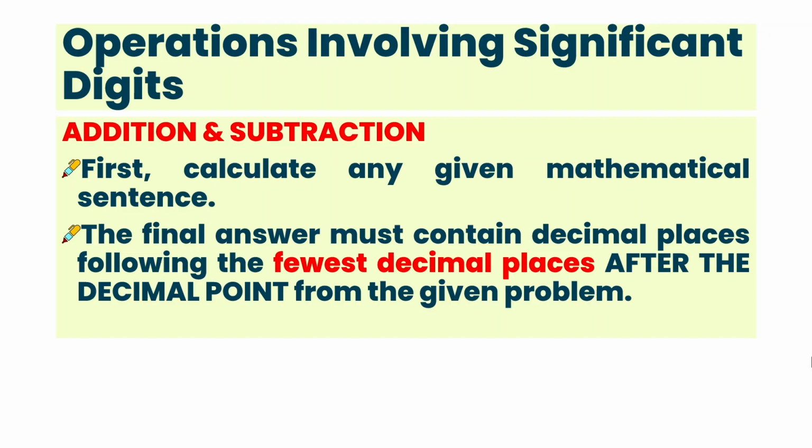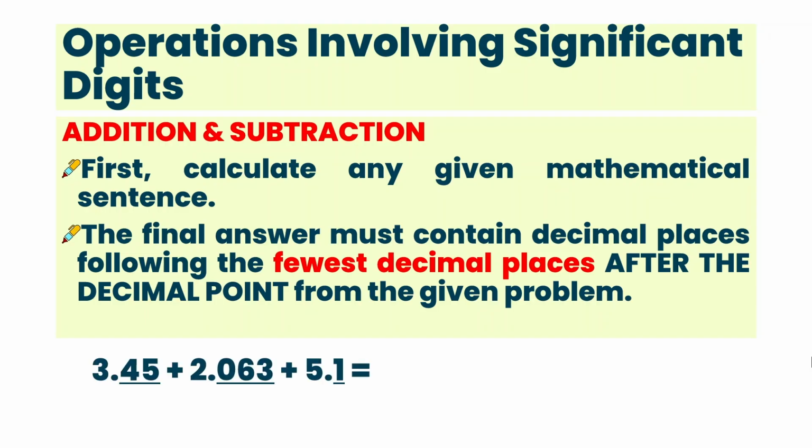In addition and subtraction, you have to calculate first any given mathematical sentence or statement. The final answer must contain the decimal places following the fewest decimal places after the decimal point from the given problem. So you have to take note of this. The final answer must have the fewest decimal places after the decimal point following the given number from the problem.